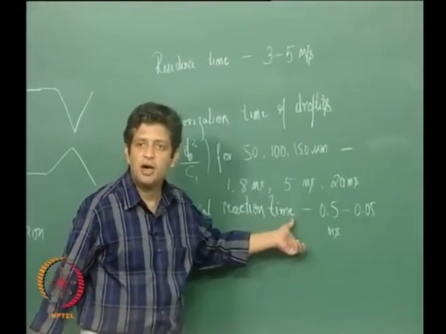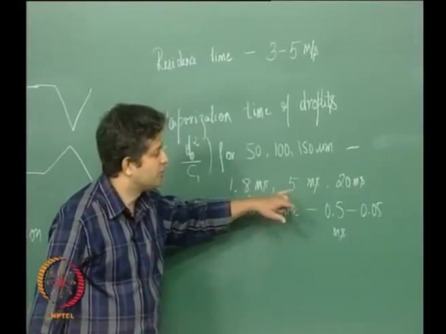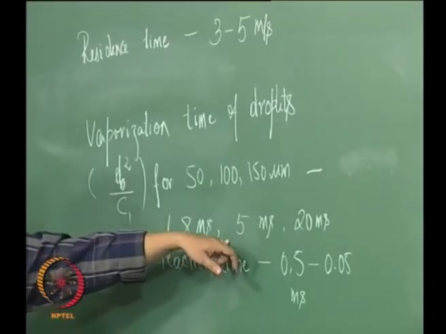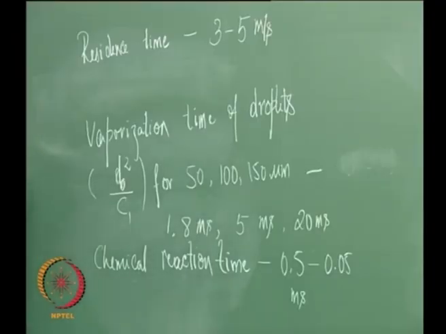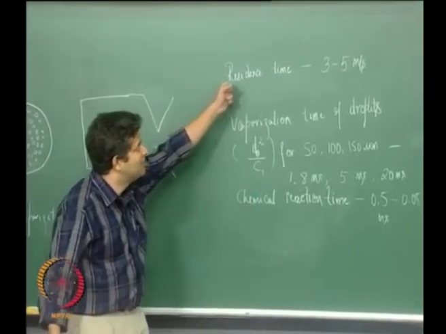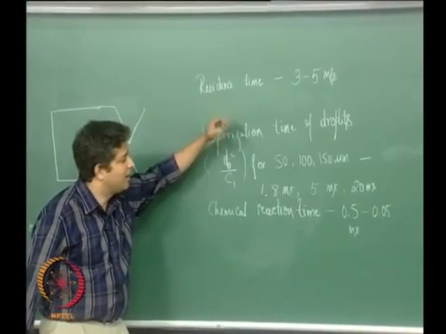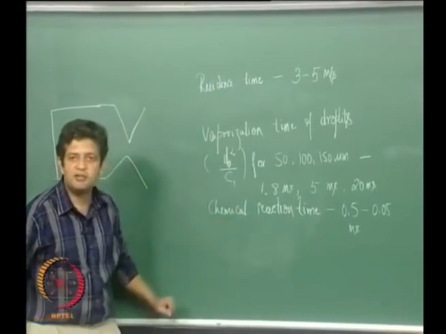So it is very much smaller compared to this. So this is the slowest process in all this. Therefore this is the one that decides how fast the reactions get completed. So depending on the length of the chamber, you can estimate a residence time, and all your reactions need to be completed within that.